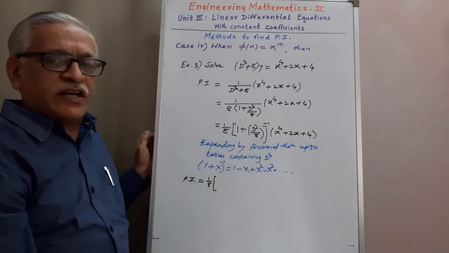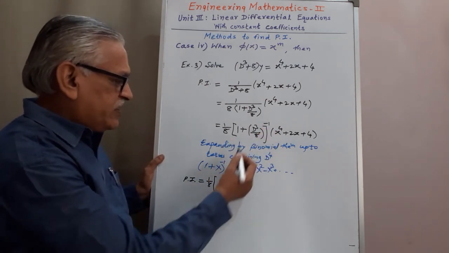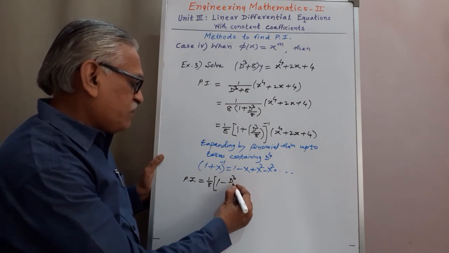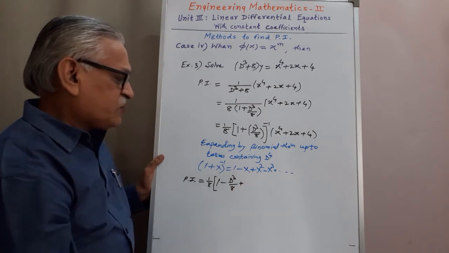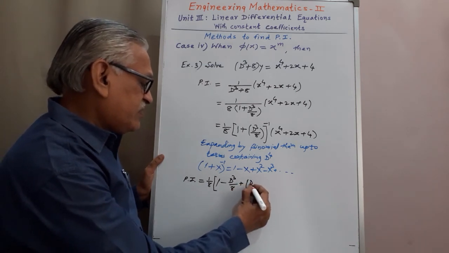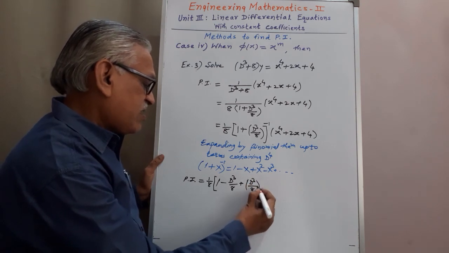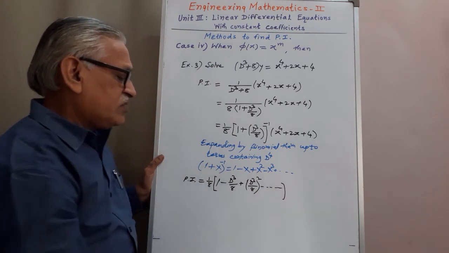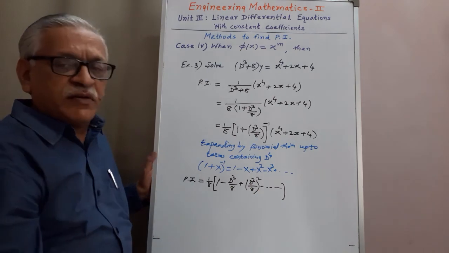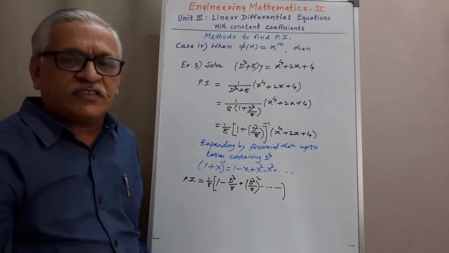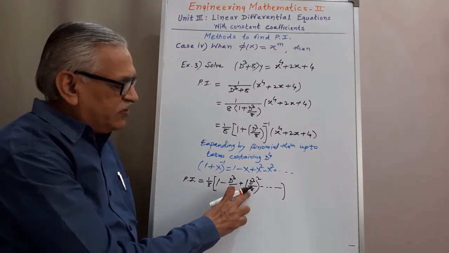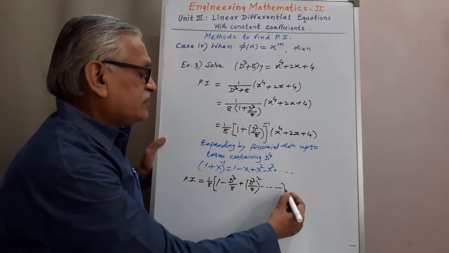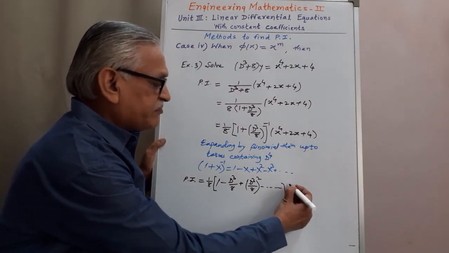If we consider this term as capital X, the expansion is 1 minus X, where X means D cube by 8, plus its square, and so on. If we square it, it becomes D raised to 6, and we have to consider terms up to D raised to 4, meaning we have to neglect this term and the next terms. That's why I have written only up to this.